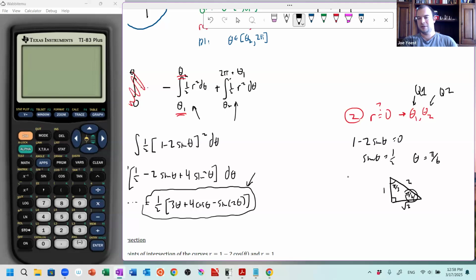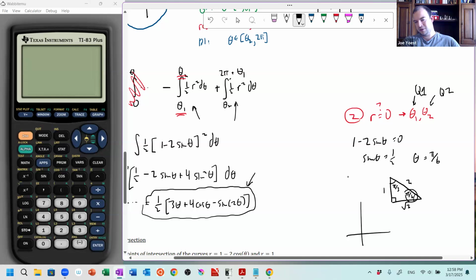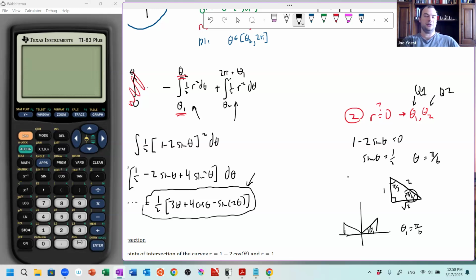That's my, what is the name of it, it just escaped me, the terminology for it, but my reference angle. And then I place one of those in the first quadrant, of course, giving me theta 1 is pi over 6. And I place one of those in the second quadrant because sine is positive when y is positive. This gives me theta 2 is pi minus pi over 6, or 5 pi over 6.